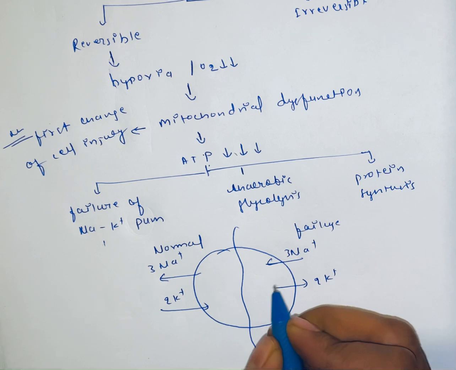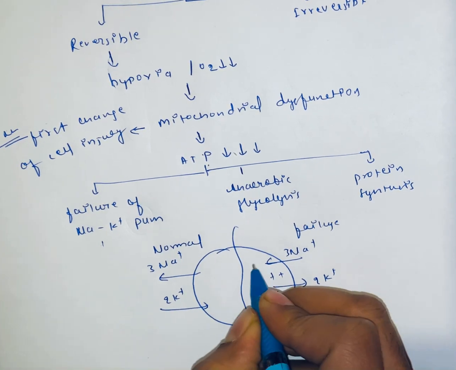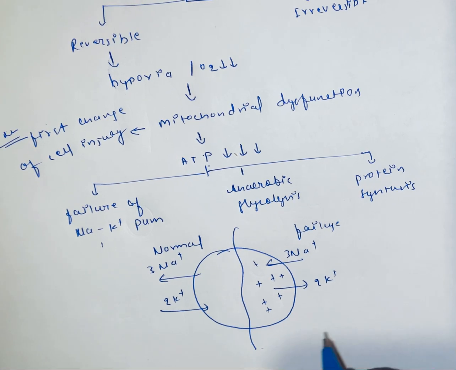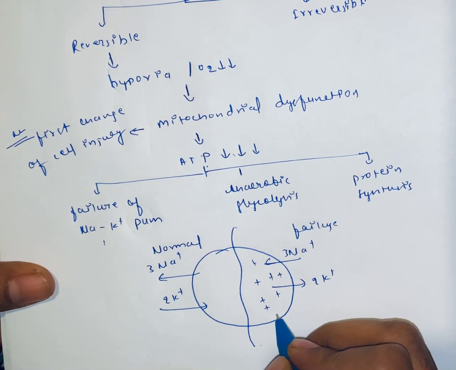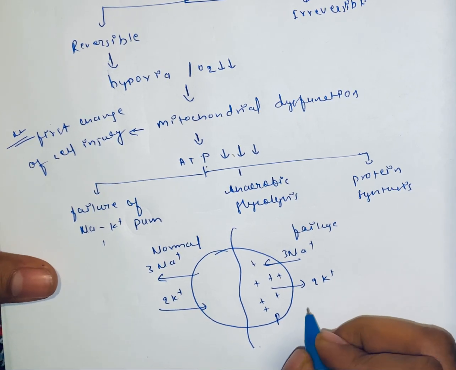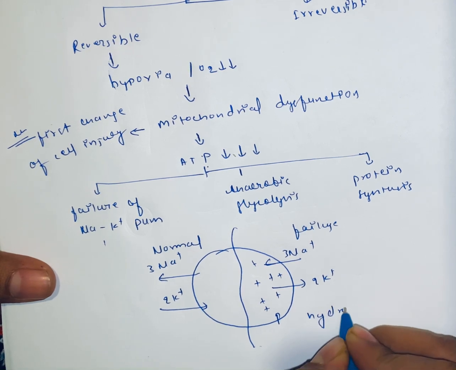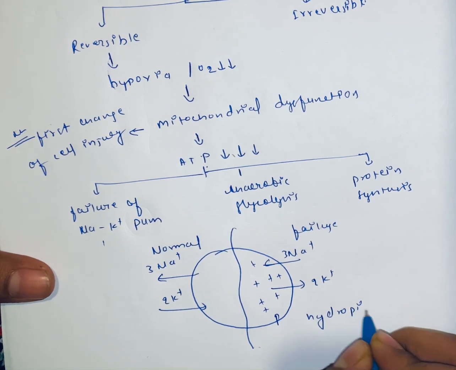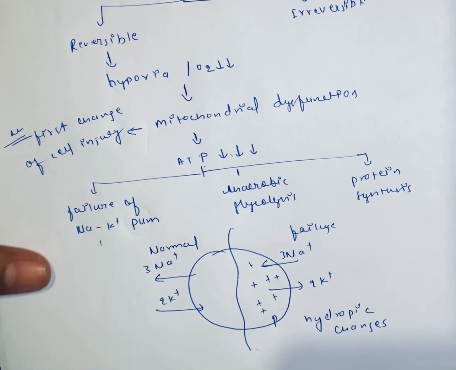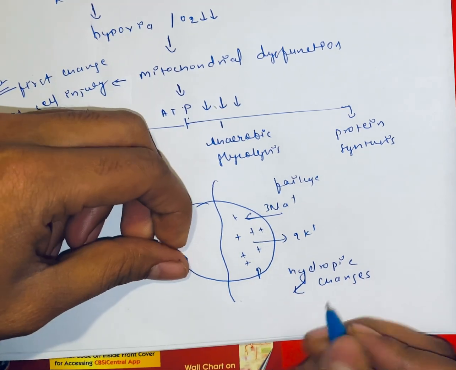It means the positive charge concentration increases inside. When the positive charge concentration increases, water comes inside and it causes swelling, and it is hydropic change. Hydropic change occurs in the cell.